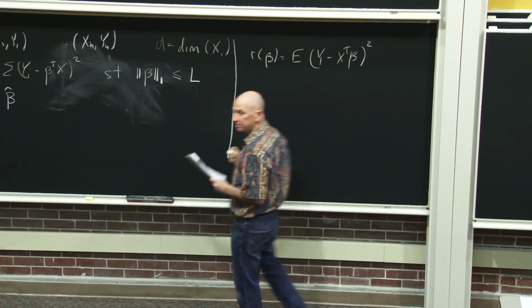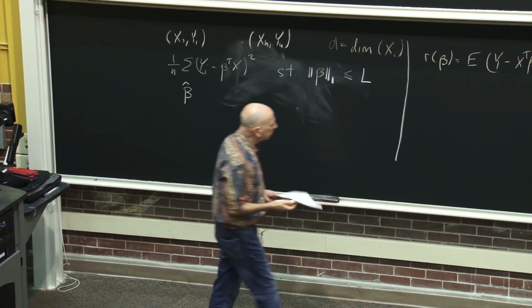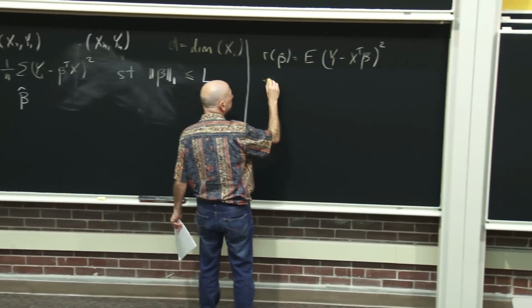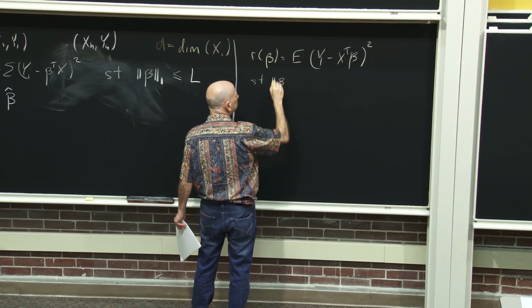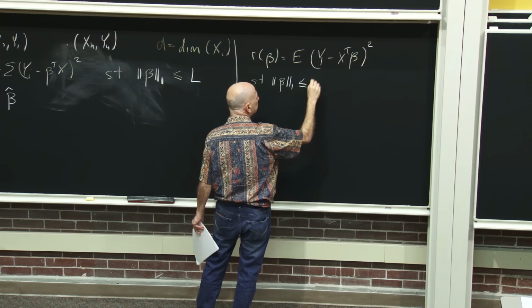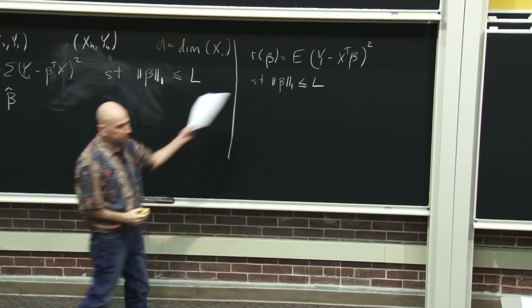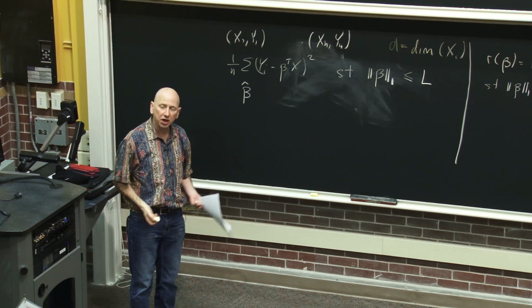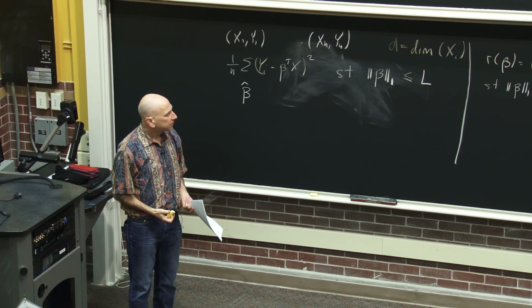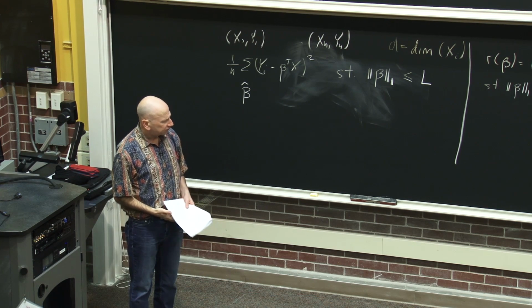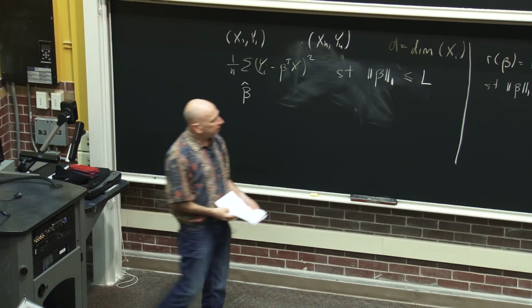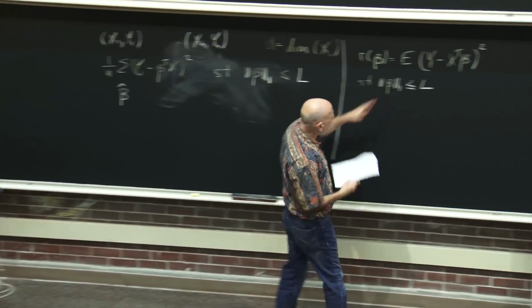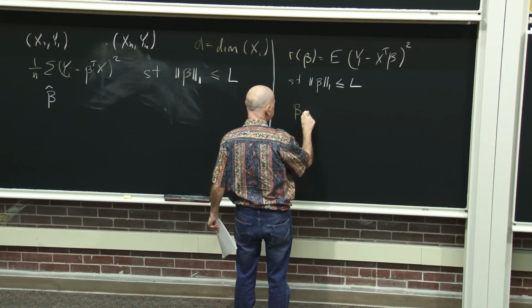We're trying to minimize the prediction error using some sort of sparse predictor, but subject to some sort of sparsity constraint. In practice, this sparsity constraint has to be chosen. We'll usually use cross-validation, we'll talk about cross-validation later. But for now, it's just some fixed number. And the true beta that minimizes this we'll call beta star.